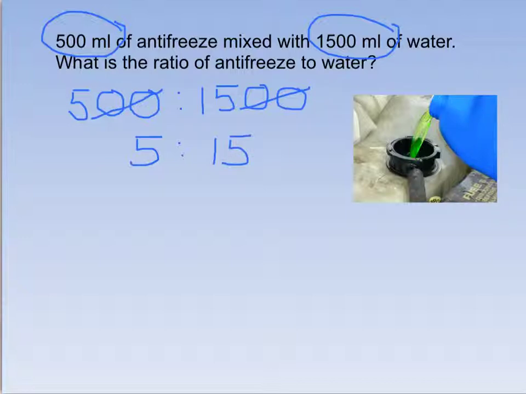Now these two numbers will cancel down a little bit further because each is divisible by 5, so 5s into 5 is 1, 5s into 15 is 3. So in this case the ratio of antifreeze to water is 1 to 3, which means we use 3 times as much water as antifreeze.